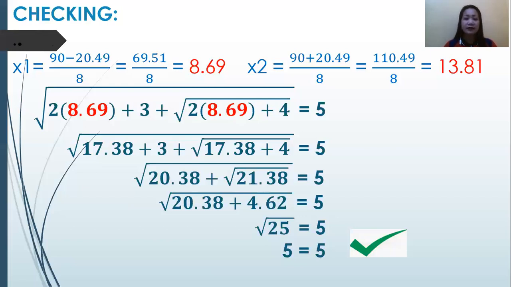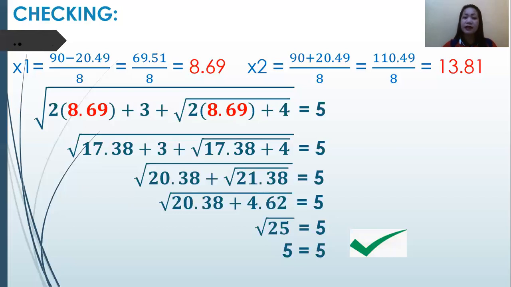When we add these two numbers, 20.38 plus 4.62, it is equal to 25. And we all know that the square root of 25 is a perfect square, equal to 5. Therefore, the value of x, which is 8.69, is the correct value for our equation. The equation is absolutely equal to 5.